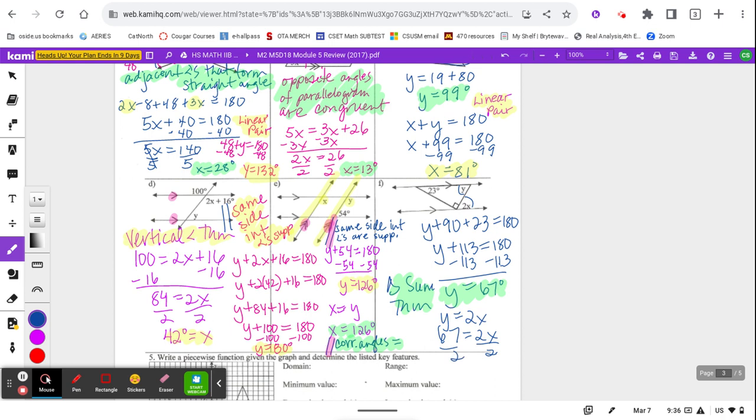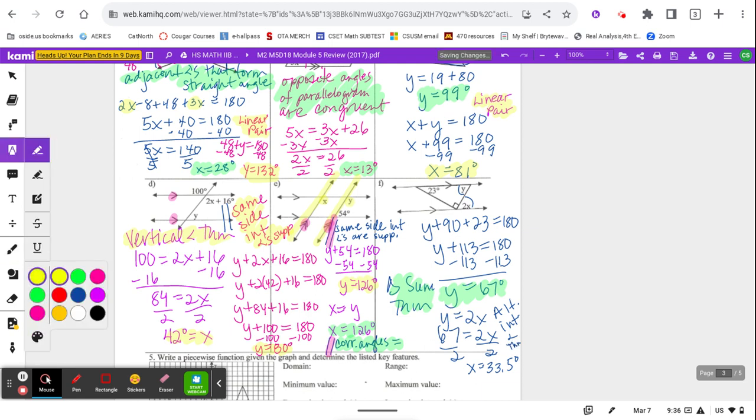We divide 67 by 2, and we get 33.5 degrees. And that's because of the alternate interior angle theorem. So those are my angle relationships problems. I'm now going to pause the video and do the piecewise separate.